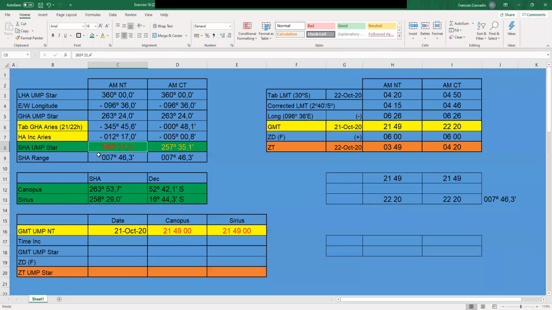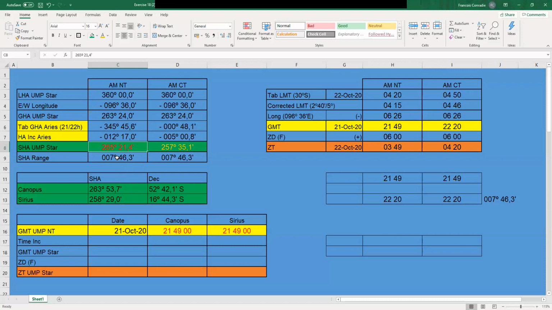So the difference from there to there is 1 degree 27.7 minutes, and that is out of a maximum of 7 degrees 46.3 minutes, isn't it?